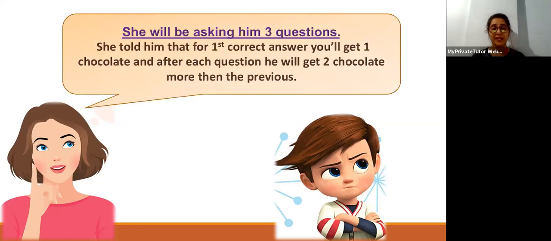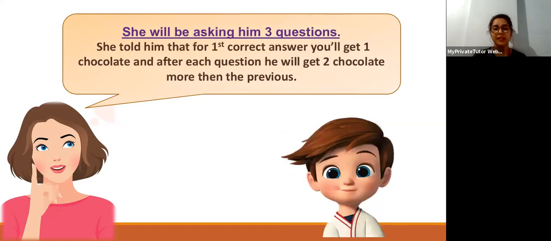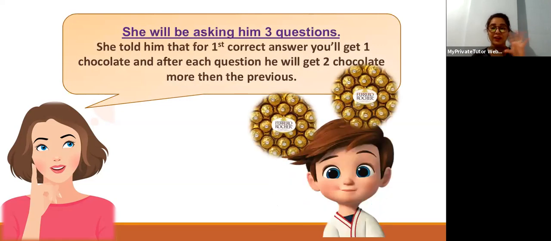This is quite confusing. The teacher is giving chocolates, but she is playing with numbers right now. The boy was thinking he'll be getting a lot of chocolates.